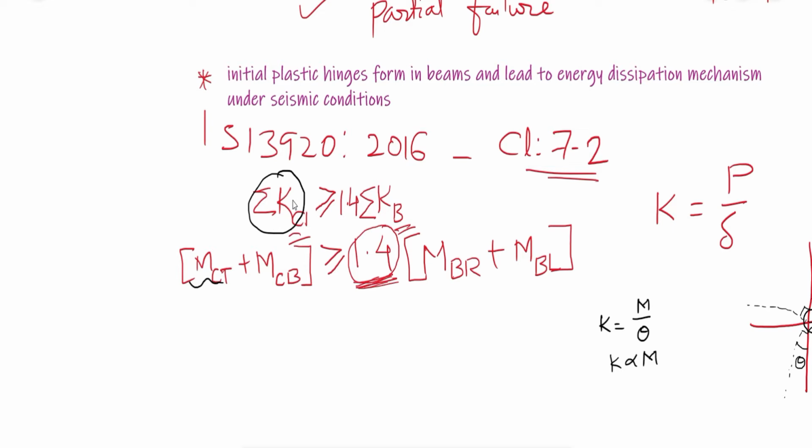So if I break up this expression, MCT by theta plus MCB by theta must be greater than or equal to 1.4 times MBR by theta, where MBR is the moment of resistance of the beam on the right side, plus the moment of resistance of the beam on the left side by theta. As the rotation is uniform or constant throughout the joint, we can ignore it. That's the reason why I have mentioned it in terms of moment.